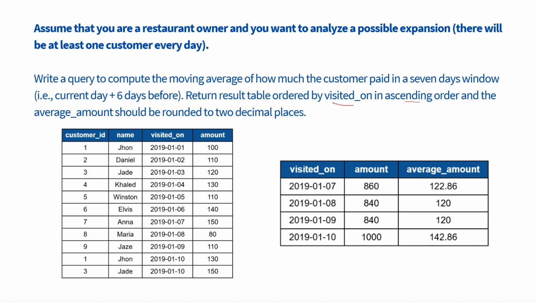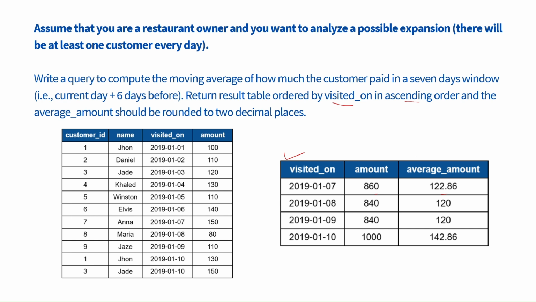So you have 3 columns. The first column is visited on, showing the respective date on which the customer has visited, then the sum of amount of the current day including the 6 days before, and here is the average amount. So this is how your output table looks.